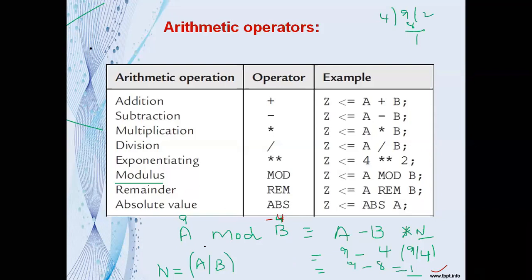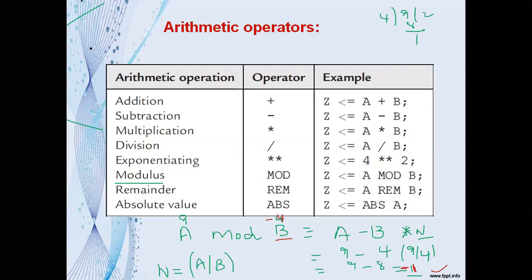The rule is, when the second data is negative, this value will appear as minus 1. So for the positive you get 1, and for negative it is minus 1.